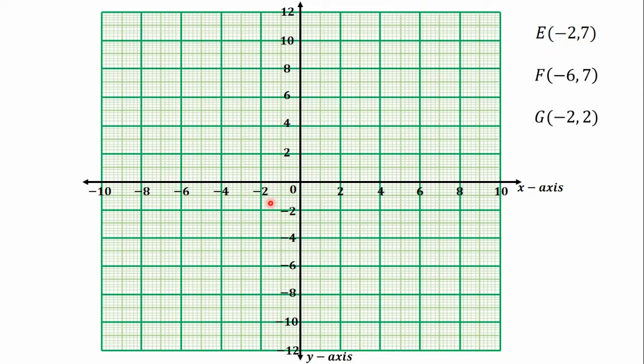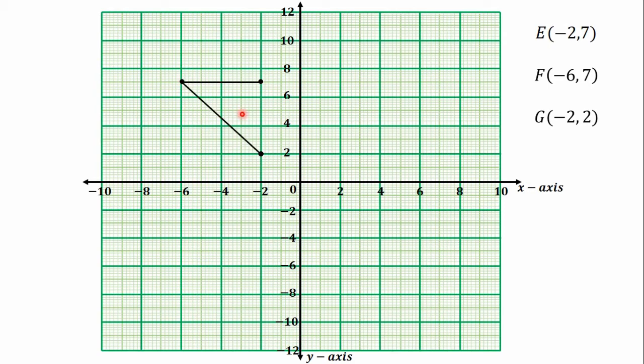So -2 on the x-axis, 7 on the y-axis will be at this point. F has the coordinates -6, 7. So -6 on the x-axis, 7 on the y-axis will be at this point. And G has the coordinates -2, 2. So -2 on the x-axis and 2 on the y-axis will be at this point.